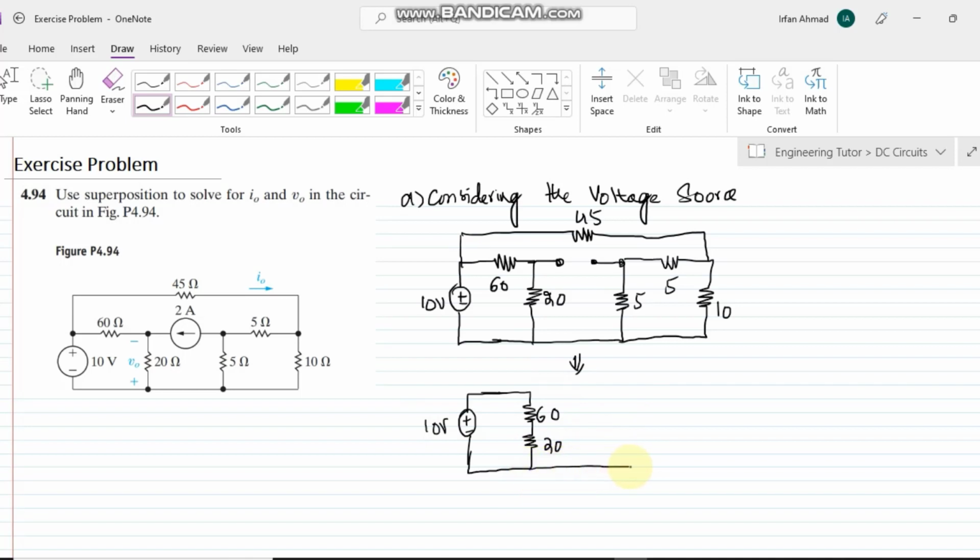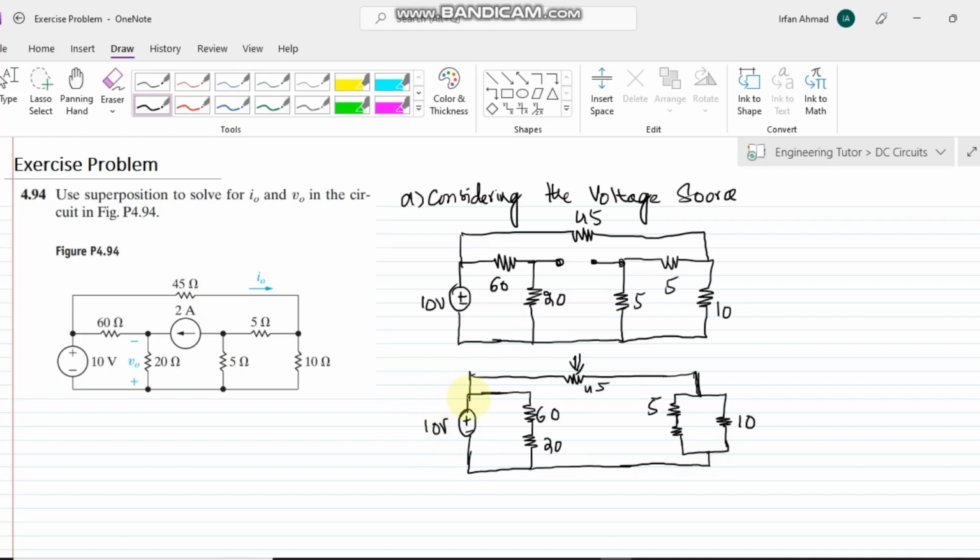Similarly here we have this is the 45 ohm resistor, this one here. Okay, so that is now the 10 ohm resistor. The other branch here consists of two 5 ohm resistors which are connected in series with each other. So that is the scenario now.